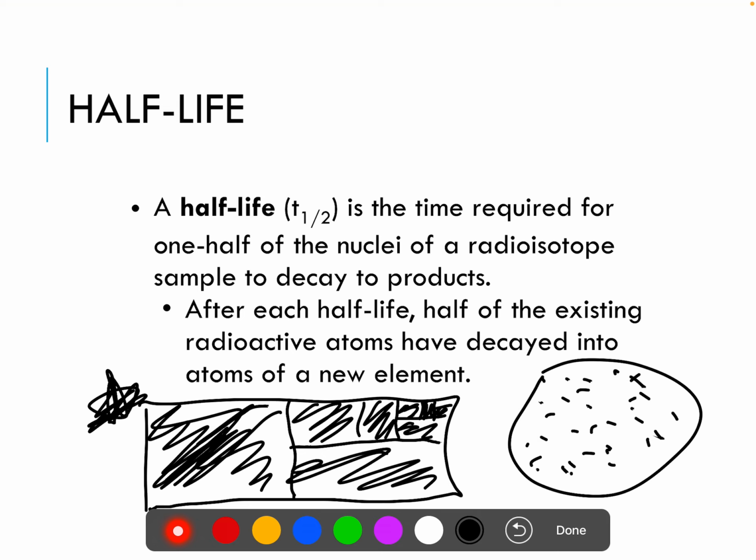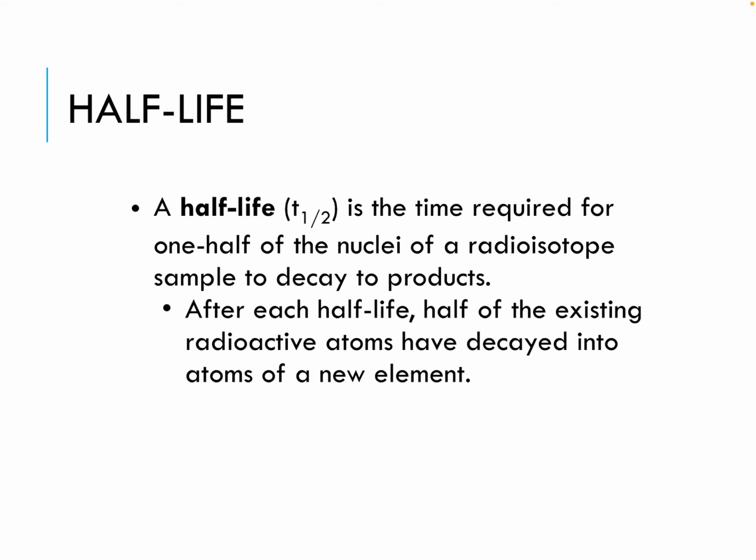So it's spread out. And when something decays, it's not like it decays and then just falls off. It's turning into something else. So just because it's decaying doesn't mean the rock is disappearing. It means that it's a different type of atom now. It's a different element than it was to start.